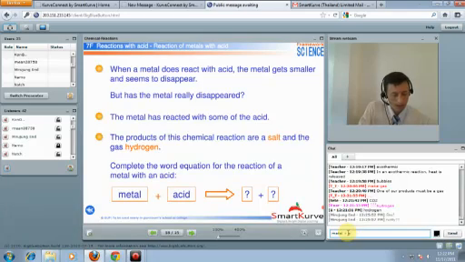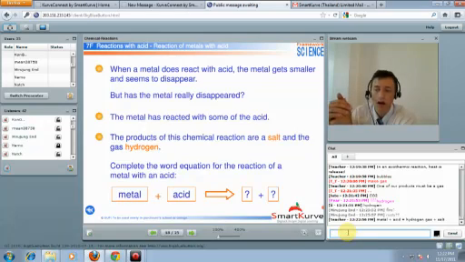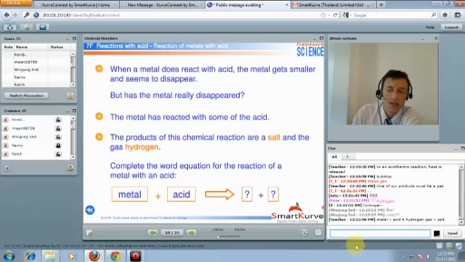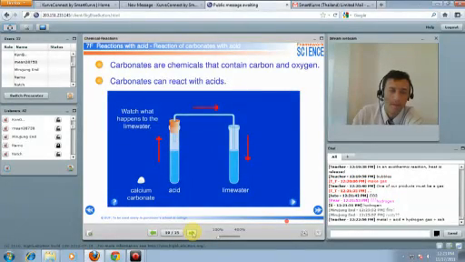Metal plus acid equals hydrogen gas and a salt, like sodium chloride. So our reactants, metal and acid. Our products are hydrogen gas and salt. Let's move on.